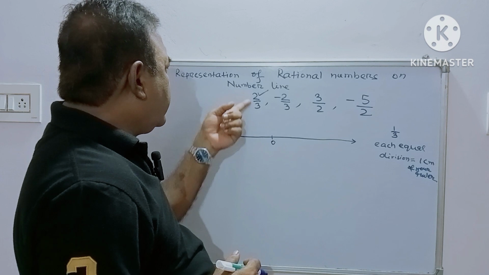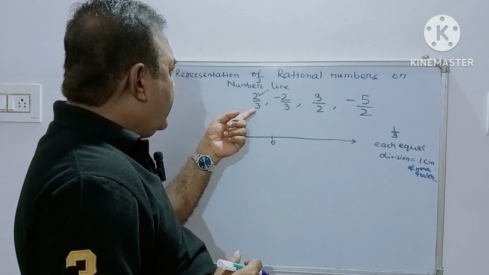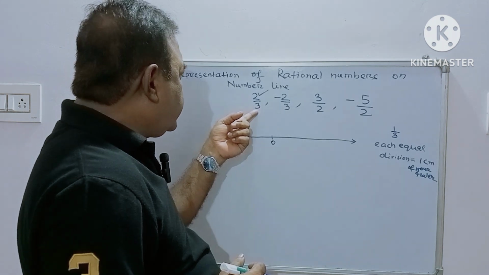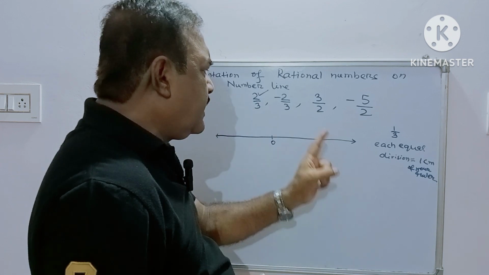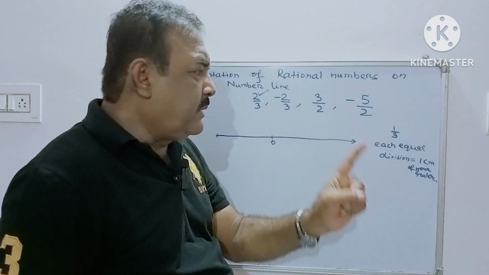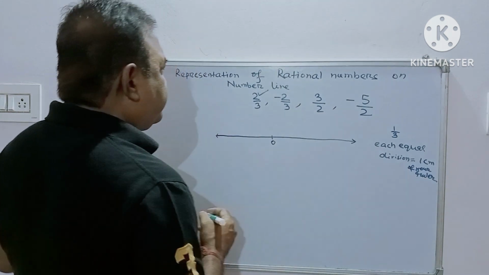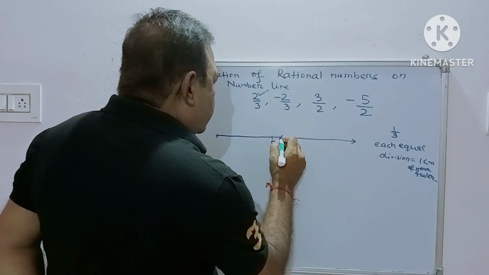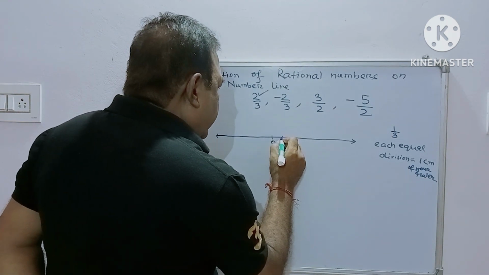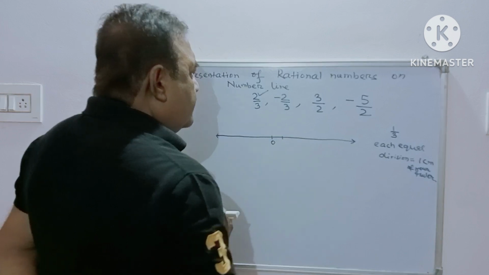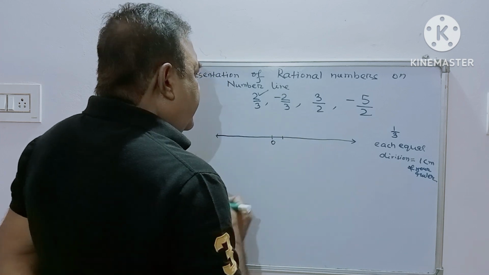So you see the numerator is less than the denominator, and I have to take 3 equal divisions, and each equal division is equal to 1 centimeter of your ruler. So after taking 1 centimeter, you take a second point.